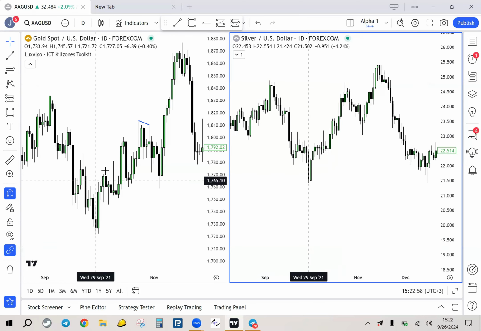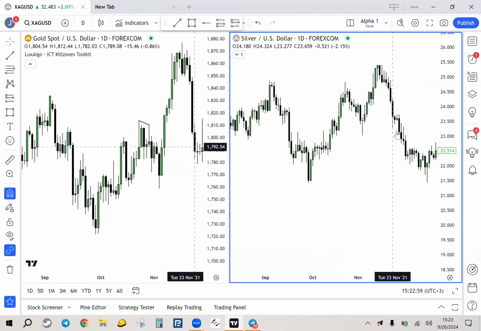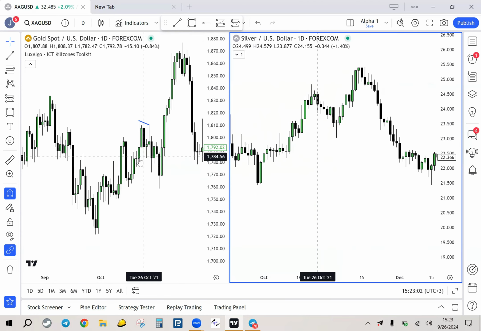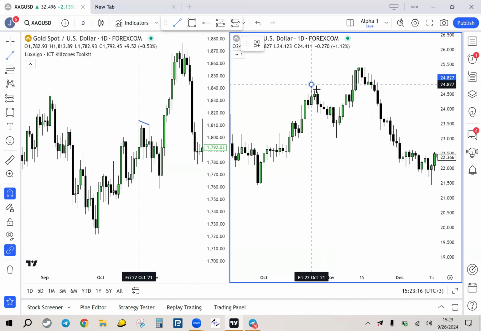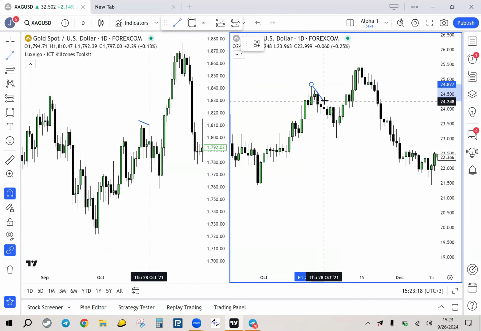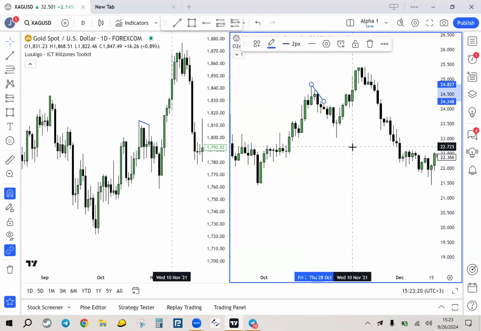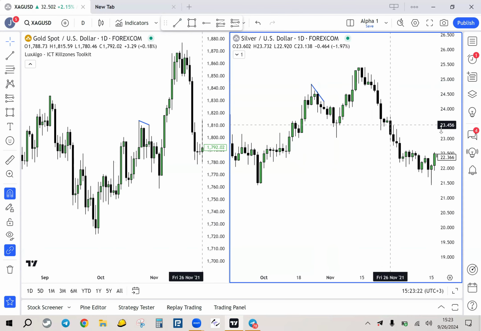So we got October 21 and October 28. Okay, so we have on silver, it's this high into this high. Okay, here's what happened.